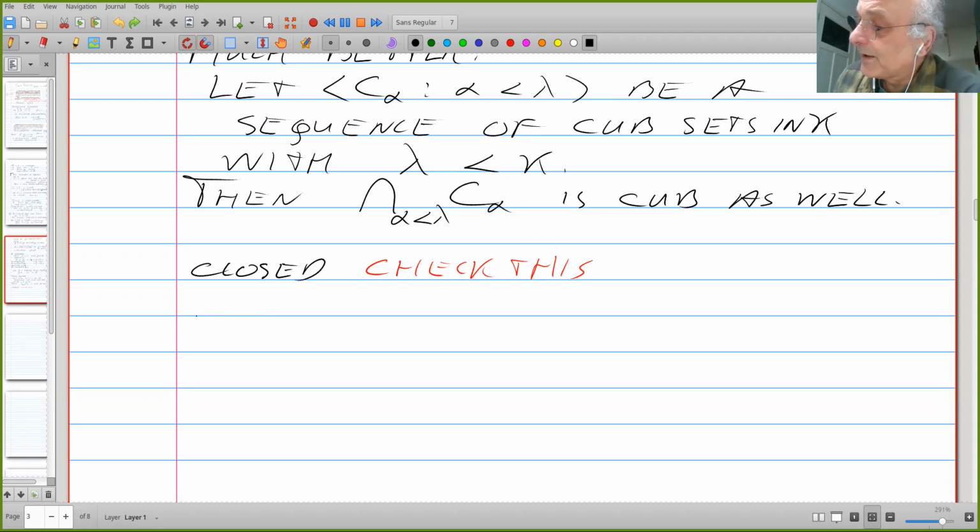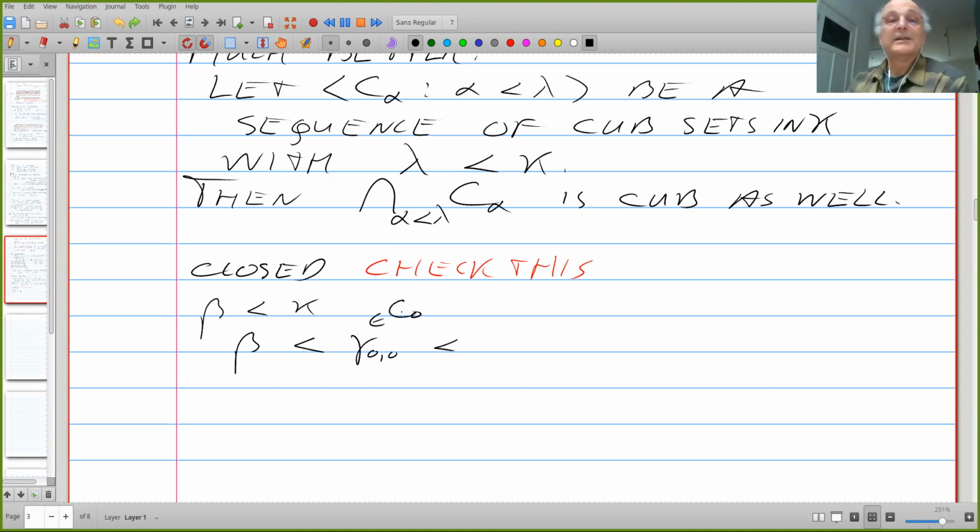We take a beta less than kappa. Now, beta is less than, well, we look at C0. We take the minimum member of C0 that sits above beta.